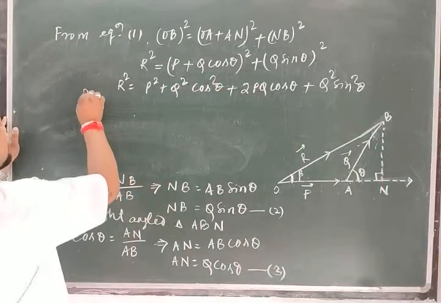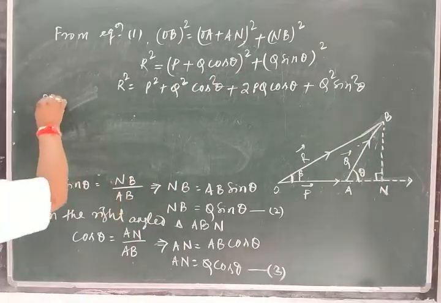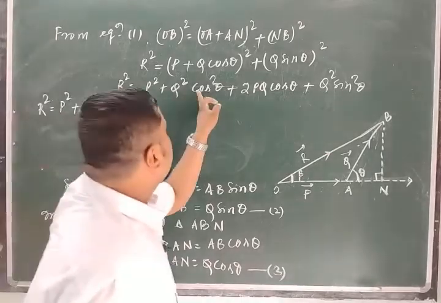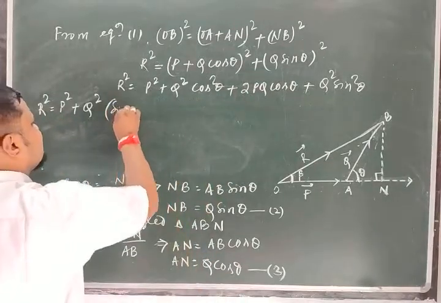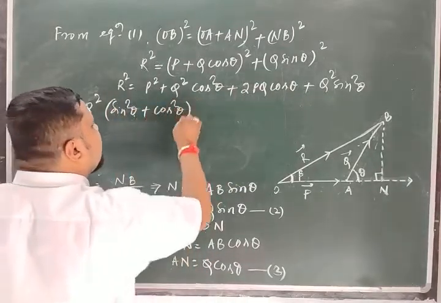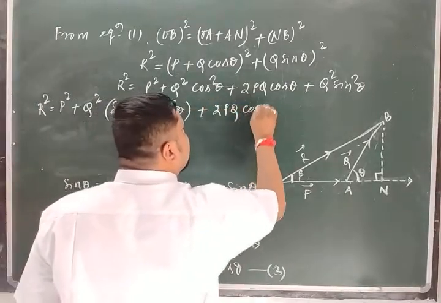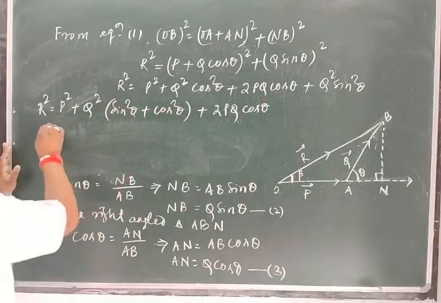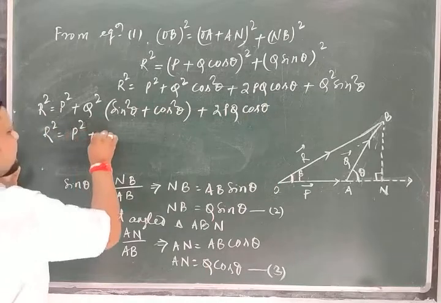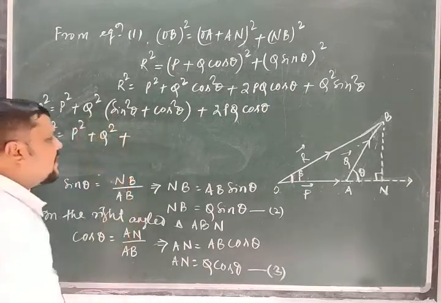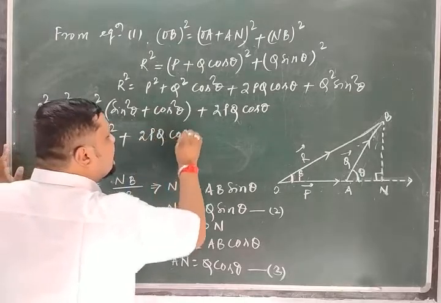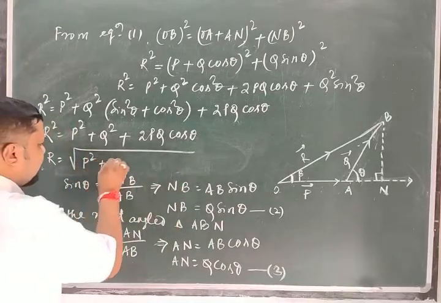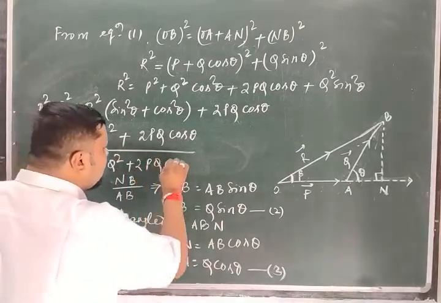So R square is equal to P square plus Q square, taking Q square common from these two, sin square theta plus cos square theta, plus 2PQ cos theta. What is sin square theta plus cos square theta? This is 1. So R square is equal to P square plus Q square into 1, plus 2PQ cos theta. Or R is equal to root over P square plus Q square plus 2PQ cos theta.